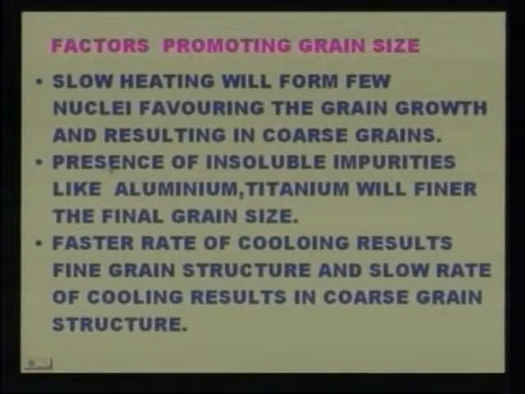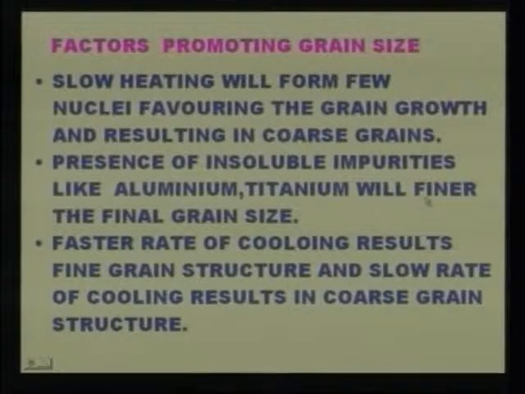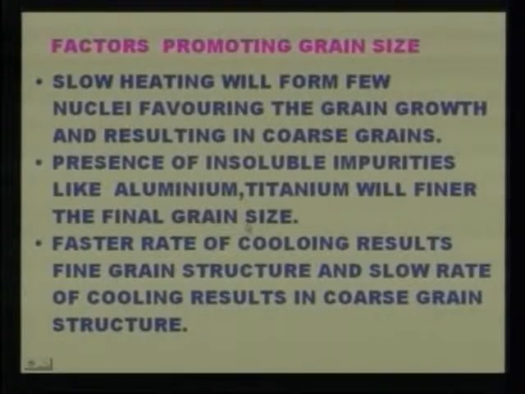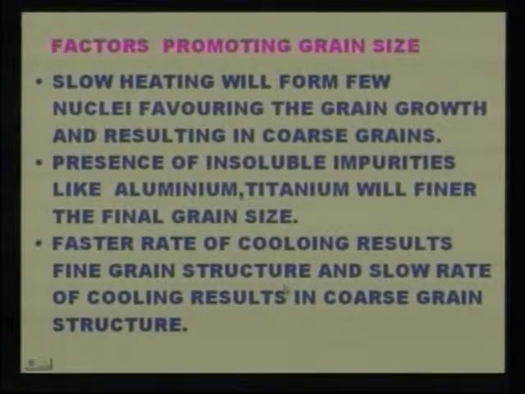Now another factor, the presence of insoluble impurities like aluminum and titanium will refine the final grain size. Now see another factor, a faster rate of cooling results in fine grain structure and a slow rate of cooling results in coarse grain structure. These are the factors that affect the grain size.